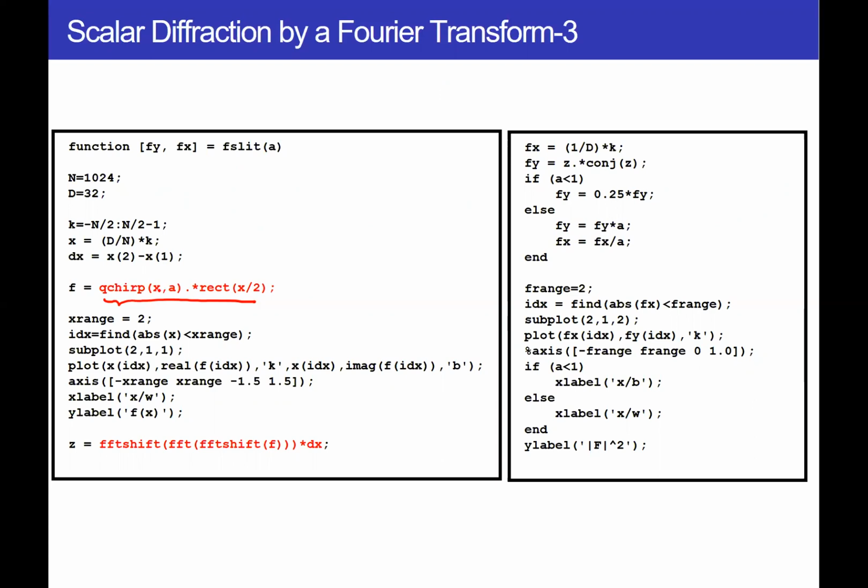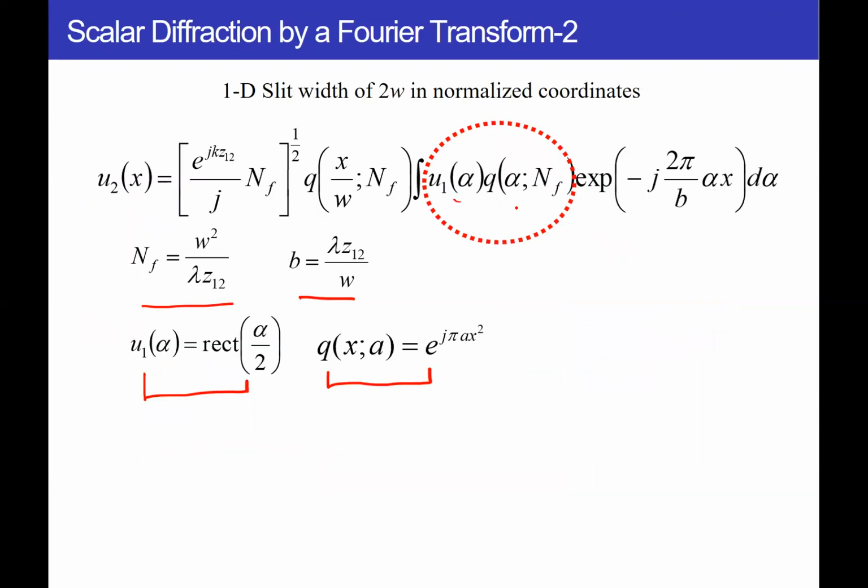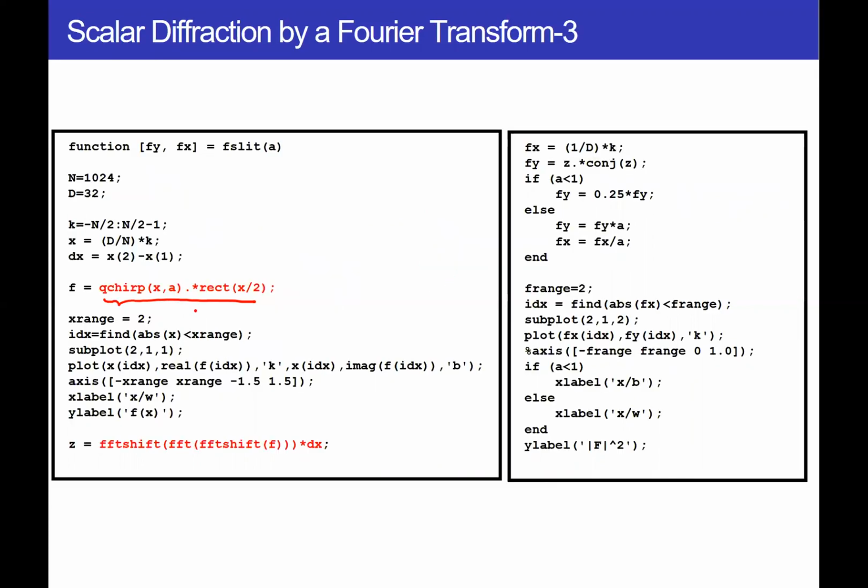Qchop is already defined in your MATLAB folder. If you look at it, there is a qchop file, and then you can just call it. And then you get this term, which is nothing but a rectangle. Okay.